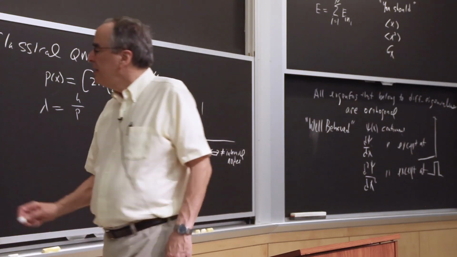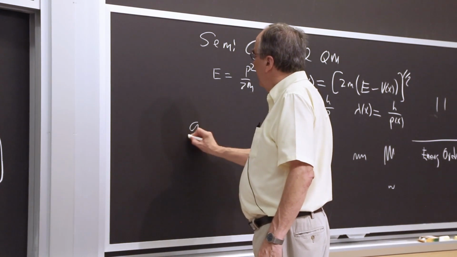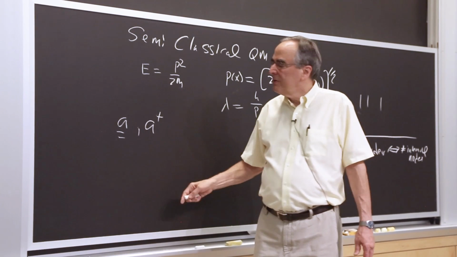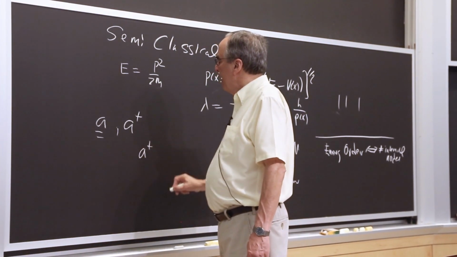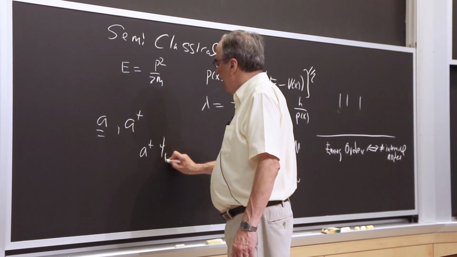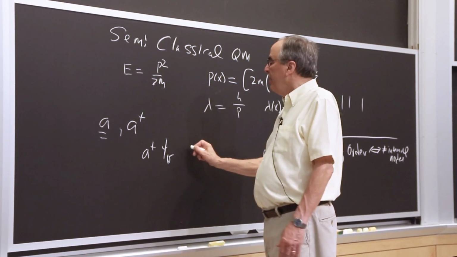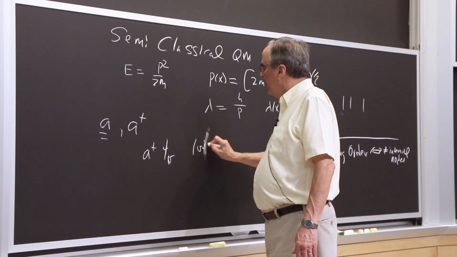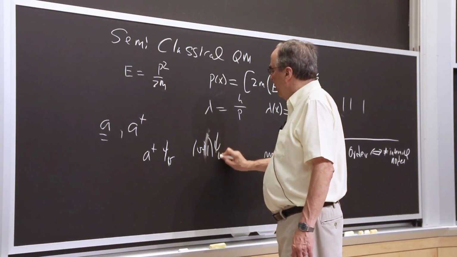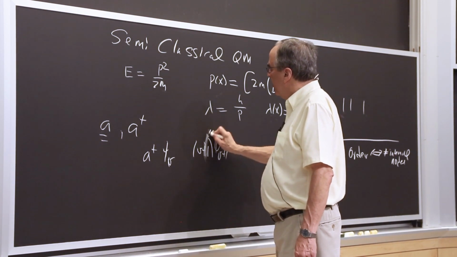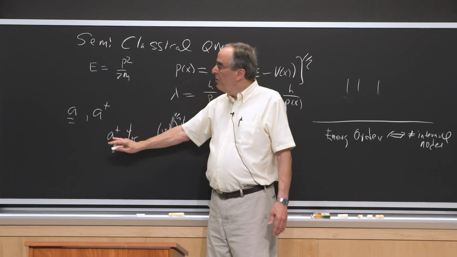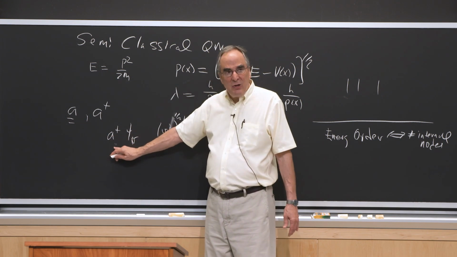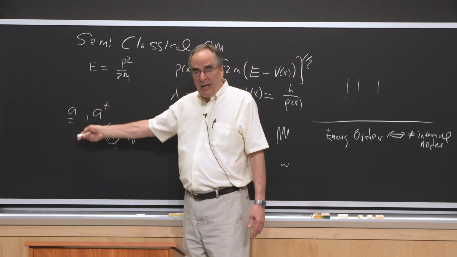And they are these things called a dagger, creation and annihilation operators, where when we operate on psi v with this creation operator, it converts it to square root of v plus 1 psi v plus 1. These things, we don't ever have to do an integral. Once you're in harmonic oscillator land, everything you need comes from these wonderful operators.